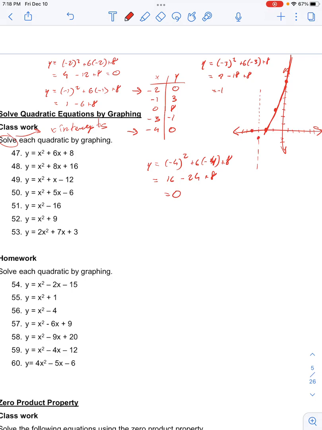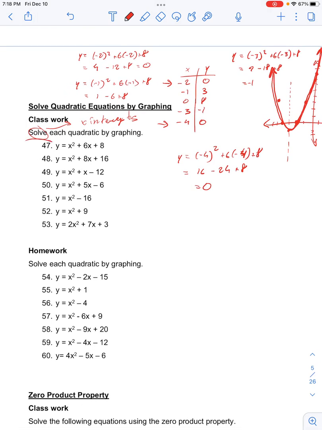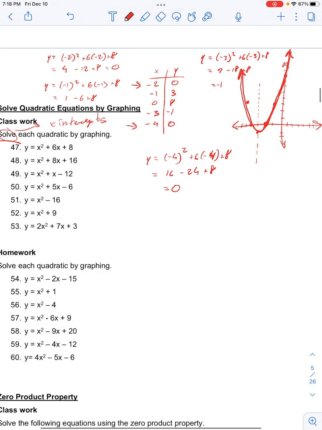And so our parabola is almost complete. So our graph will look something like this, and continue on. And so by solving, we found the x-intercepts. And so the two x-intercepts are at x equals -4 and -2.